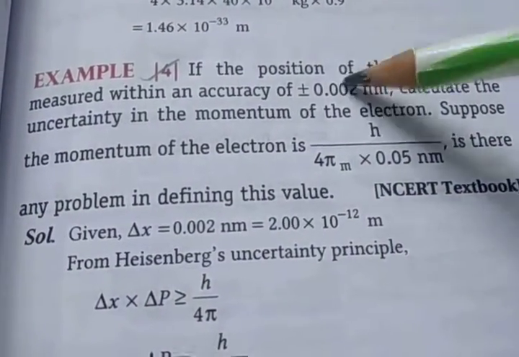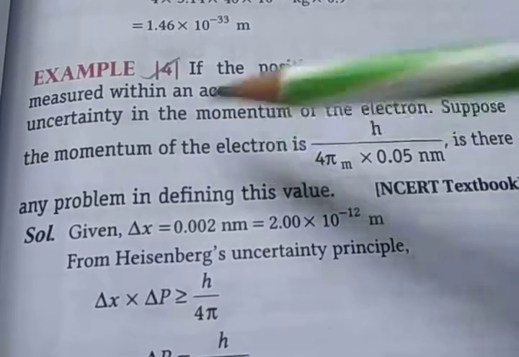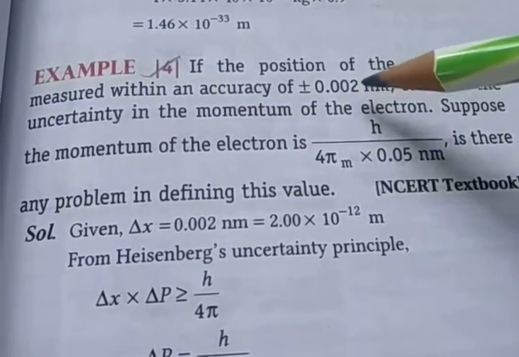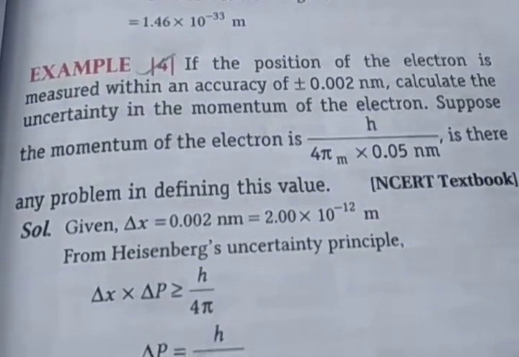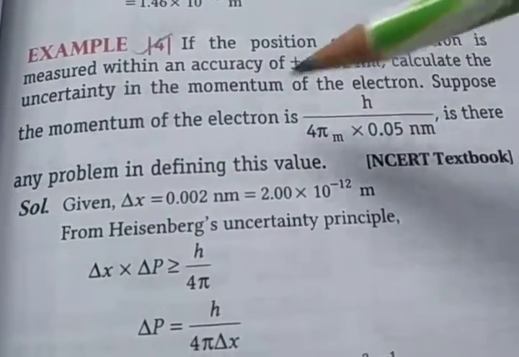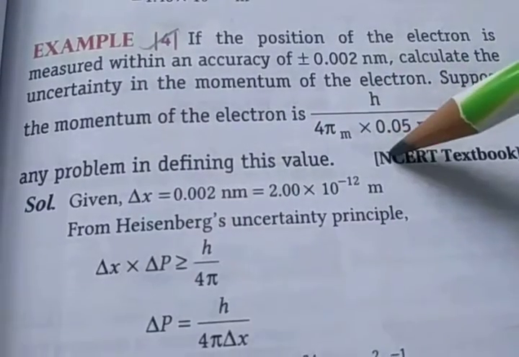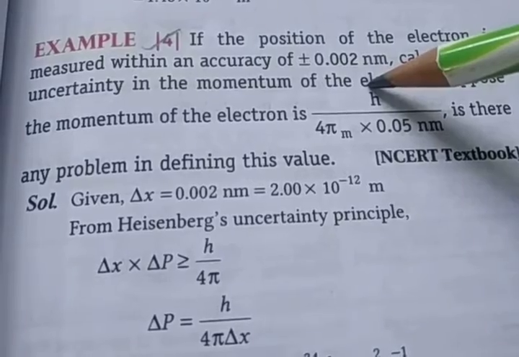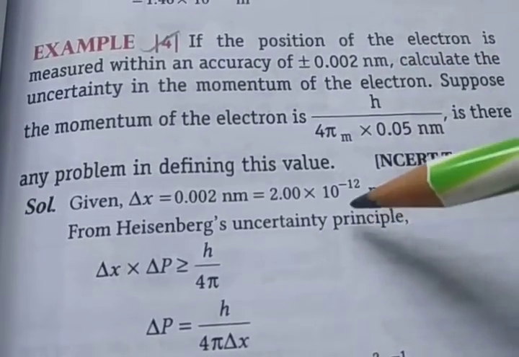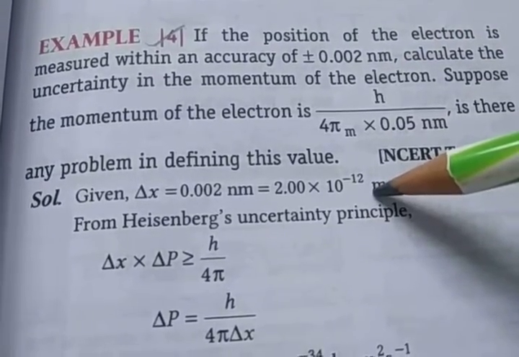Again I say, the position of the electron is measured with an accuracy of ±0.002 nanometer. So first we have to find, is there any problem in defining this value? The Δx value given is 0.002 nanometer, convert into meter, so multiply by 10^-12.